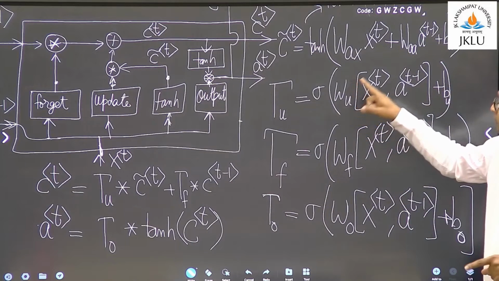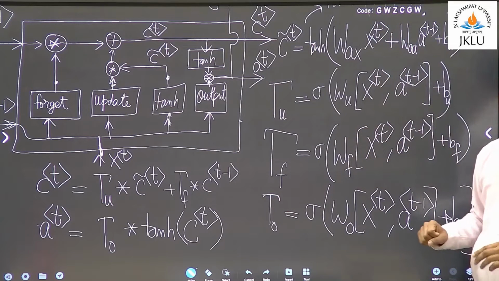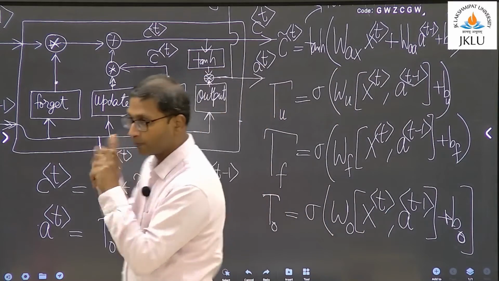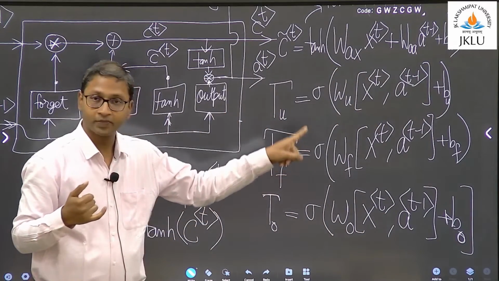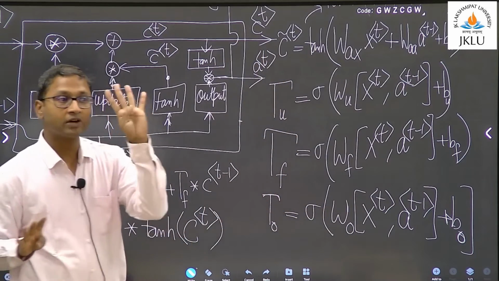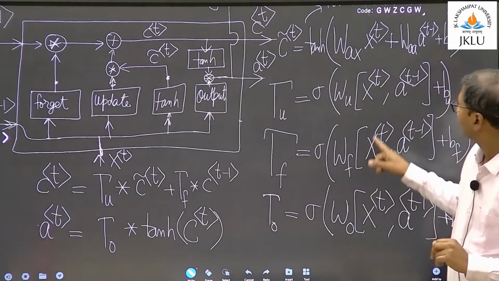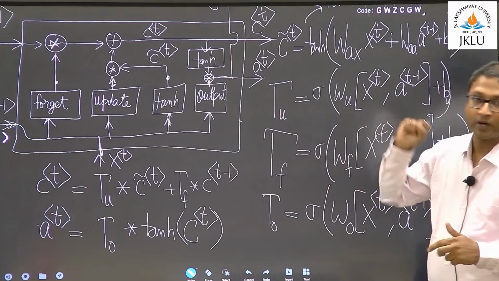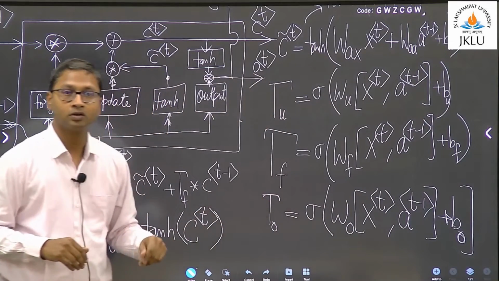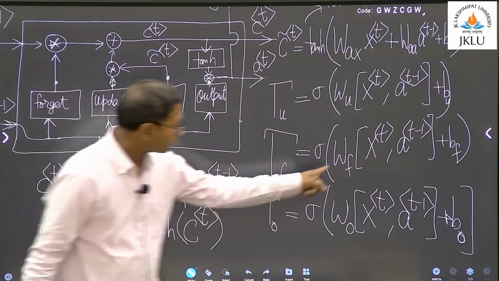Is WU same as WC or WF? WC is different from WU, WU is different from WF, and three of them are different from the fourth. So all these are four different parameter matrices. What are the dimensions of tau F? 100 cross 1, tau O 100 cross 1. Everybody agrees? What is the dimension of WF?